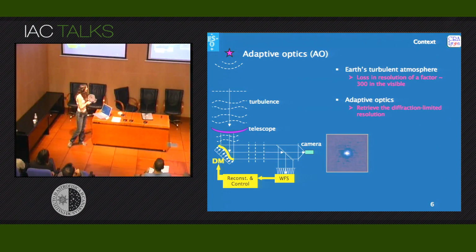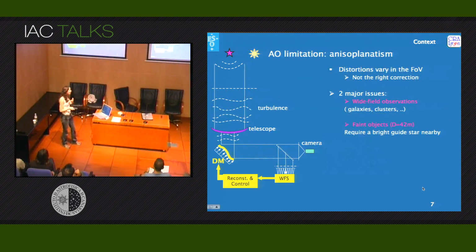A big issue of adaptive optics is that usually astronomers want to observe faint objects, and the closed-loop adaptive optics must run on bright guide stars because it needs a signal to be closed. And so if one wants to observe a faint object, it has to have a bright guide star nearby, because if one looks at another object, the turbulence for the wavefront sensing is not the right one.